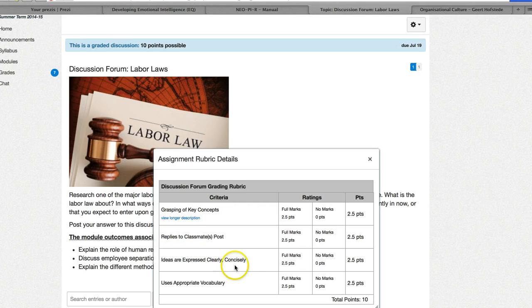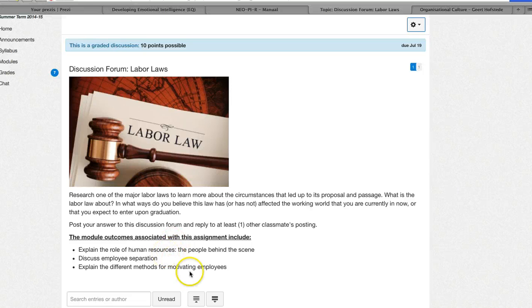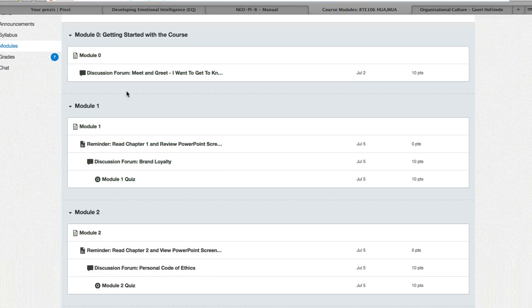Ideas are expressed clearly and concisely. But it's always good to do everything with a critical analytical point. Always review it, and you'll see the module outcomes associated with this assignment. You don't answer these questions. This is the bulk of what you need to be focusing on. So labor laws, we're going to look at some of those.